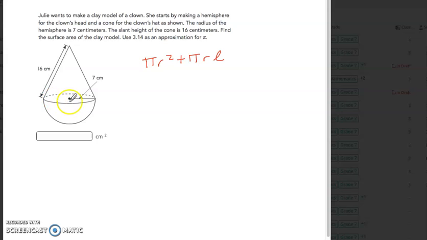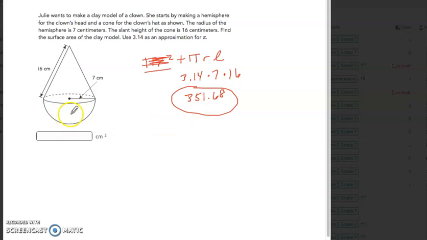However, the pi r squared part is for the circular base, and since we're not counting the circular base because that's covered by the hemisphere, we're just going to do the pi r l. So 3.14 times a radius of 7 times a slant height of 16 gives us 351.68. That's the surface area of the cone.